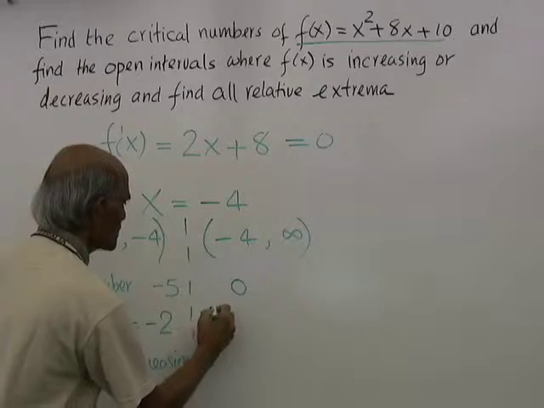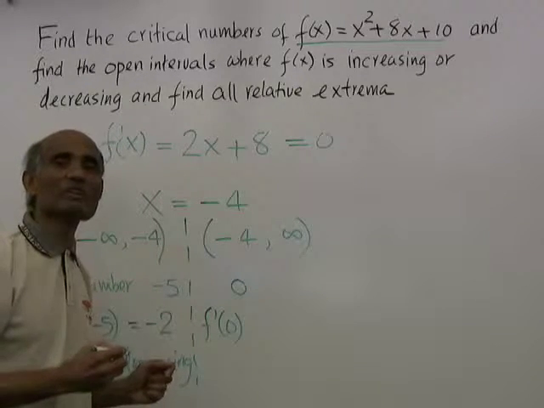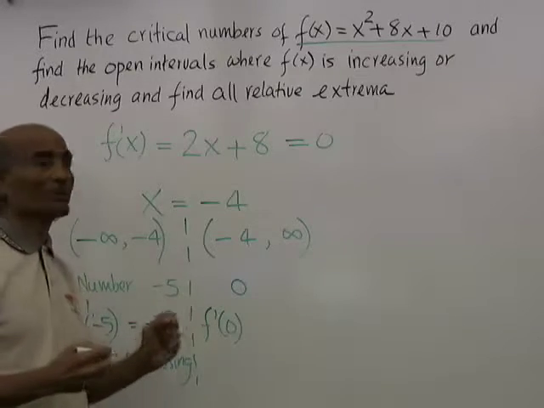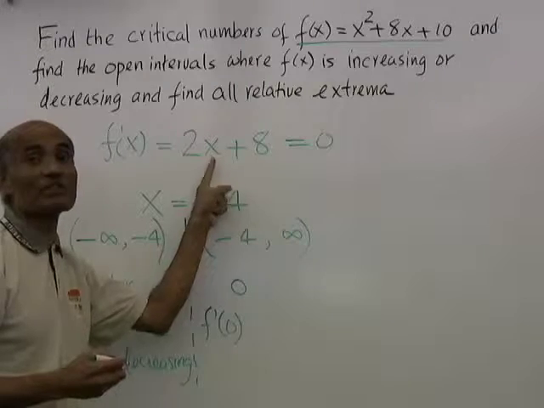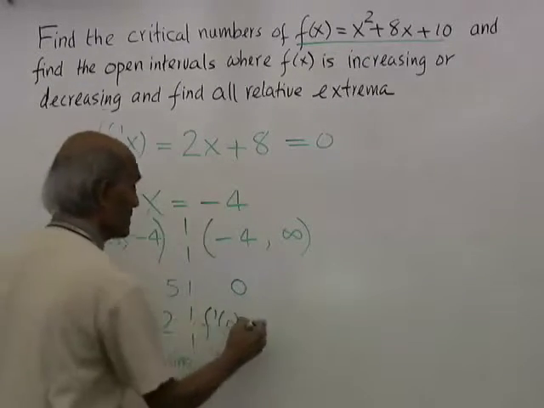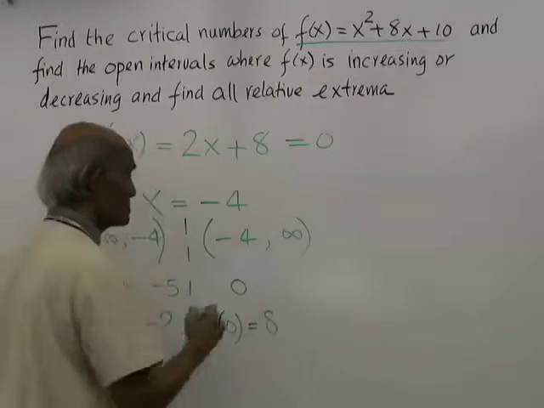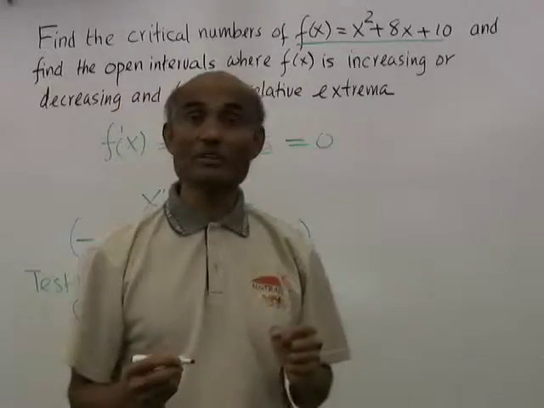Then what is f prime of 0? What is the value of the derivative at that test number? Go to your first derivative and put that test number in there. That will give you f prime of 0 equal to 8. The first derivative is positive.